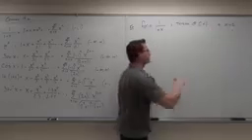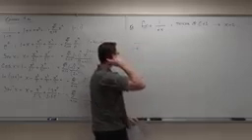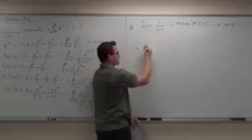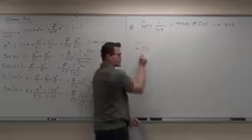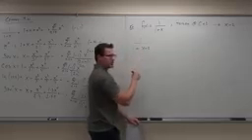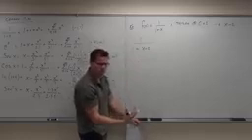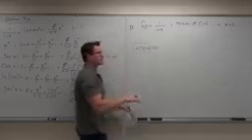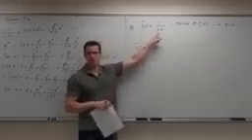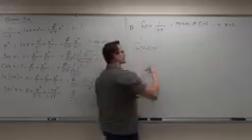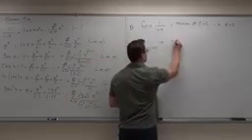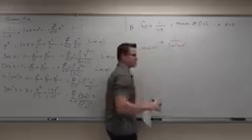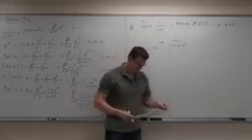I need an x minus 2. I can't just arbitrarily subtract 2 from my problem, though. If I subtract 2, I'm going to have to add it back. It still has to equal this thing. Does this still equal that? Yes, sure it does. Now let's simplify. 1 over 3 plus x minus 2.